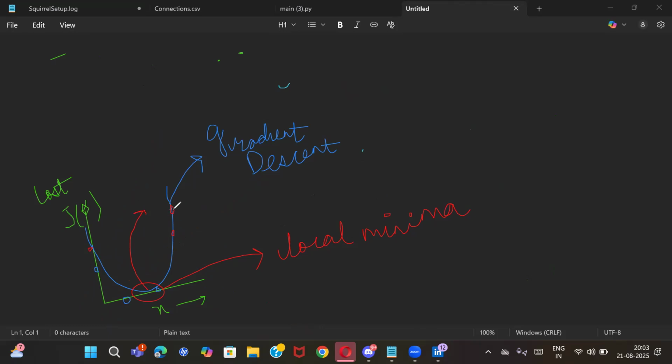Obviously, if we get our point here, we will try to move backward, right? This is the most important concept which we are learning. You will definitely need this concept in neural networks. Similarly, we are trying to move closer to the best fit line.